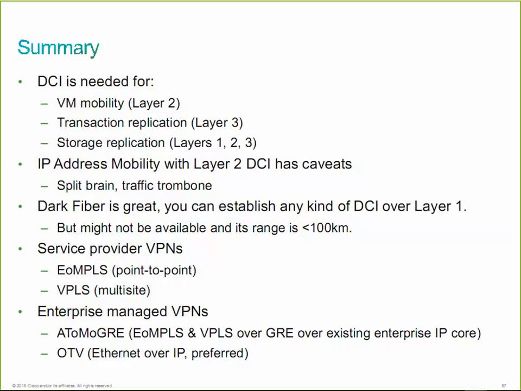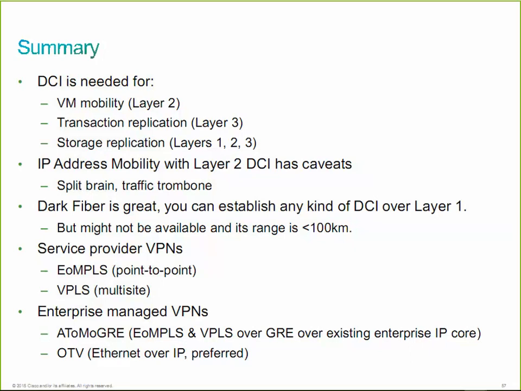IP address mobility with a layer 2 DCI has a couple of different issues that we have to deal with: split brain functionality as well as traffic tromboning. Dark fiber is great, but it's expensive. We have limits in range and availability, all right?